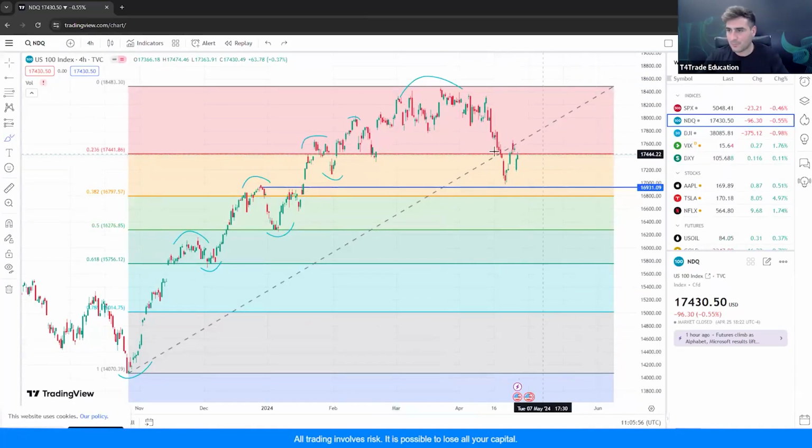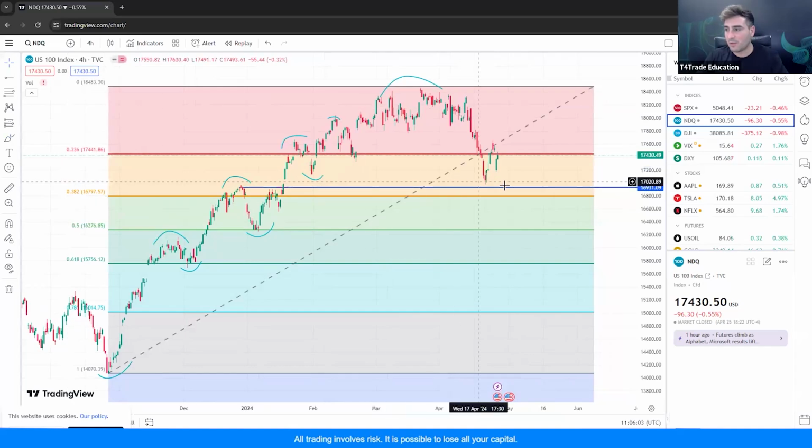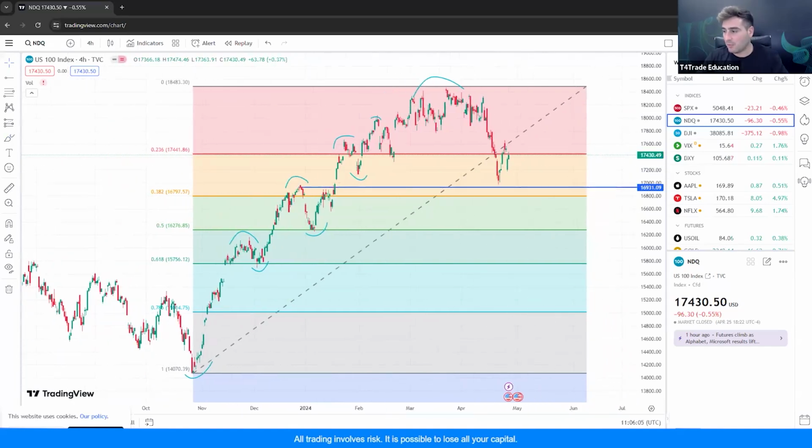After we see the peak, we watch closely to see how far the retracement will be. In this case, we see price action coming back towards this level near the 38.2, rebounding from it, and attempting to move to higher ground.